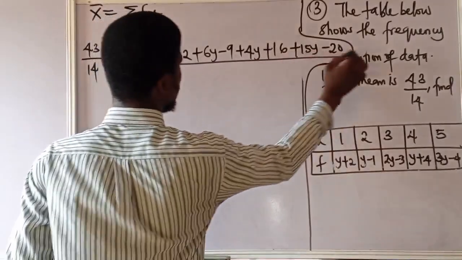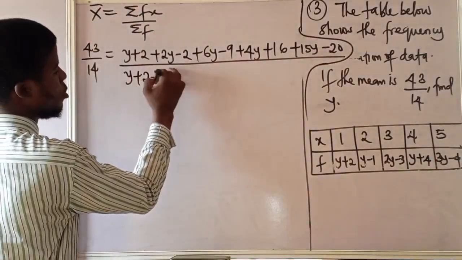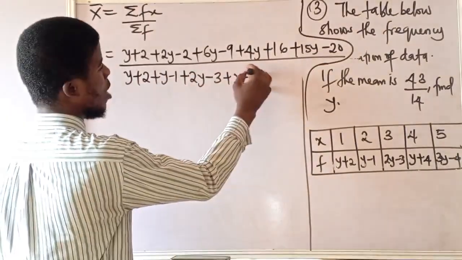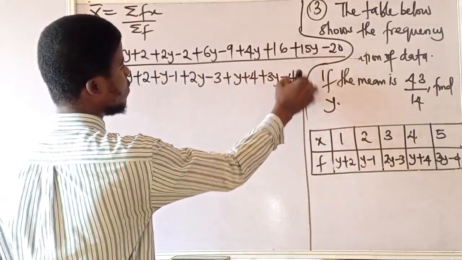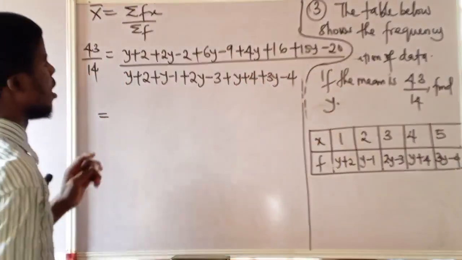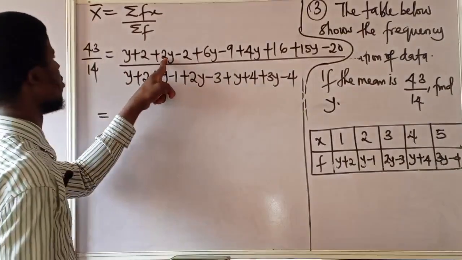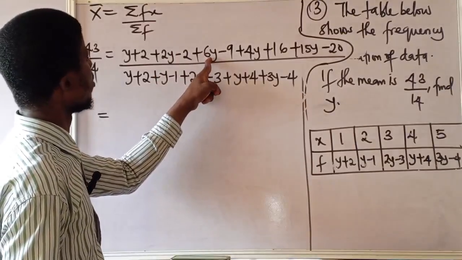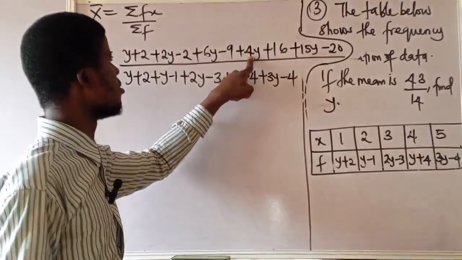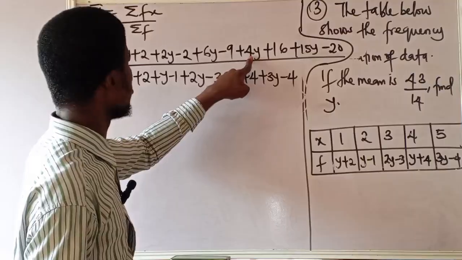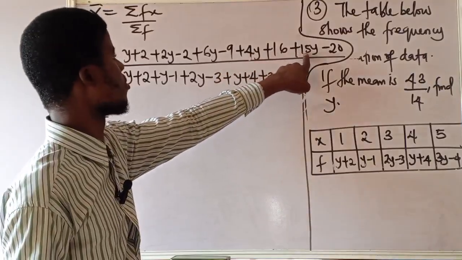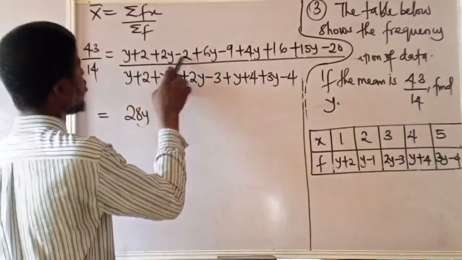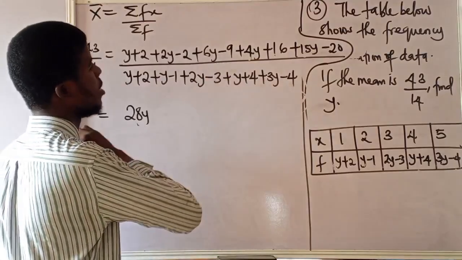All divided by the sum of the frequencies: y plus 2 plus y minus 1 plus 2y minus 3 plus y plus 4 plus 3y minus 4. Let's add. y plus 2y is 3y. 3y plus 6y is 9y. Okay, 9 plus 4, that's 13, so we have 13y. 13 plus 15, that's 28. So we have 28y. 2 minus 2 is 0. 0 minus 9 is minus 9.